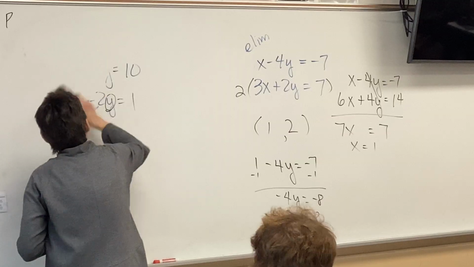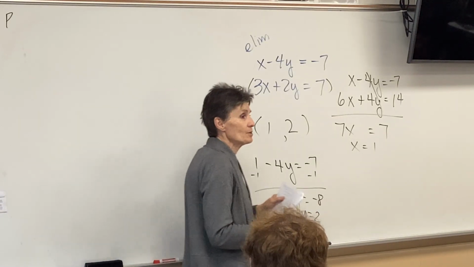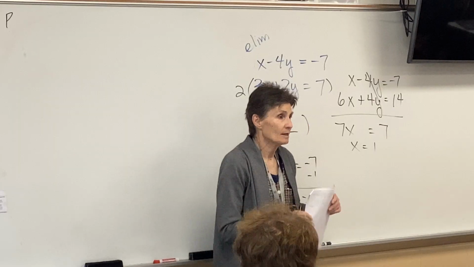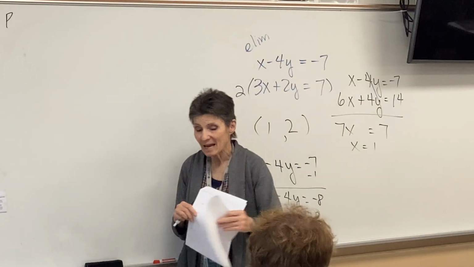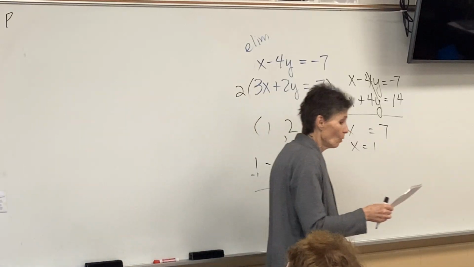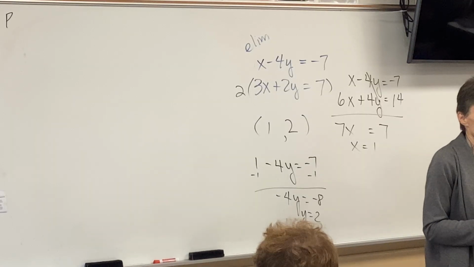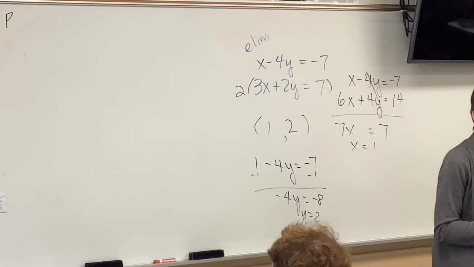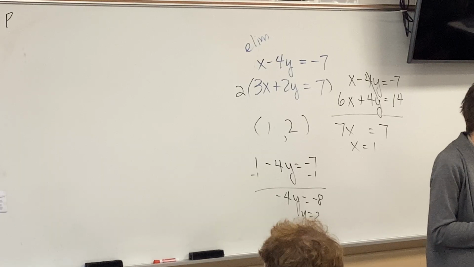A rectangular array of numbers arranged in rows and columns, right? Now, think about that definition. A rectangular array of numbers arranged in rows and columns. What do you think a square matrix is? The rows and columns are the same.